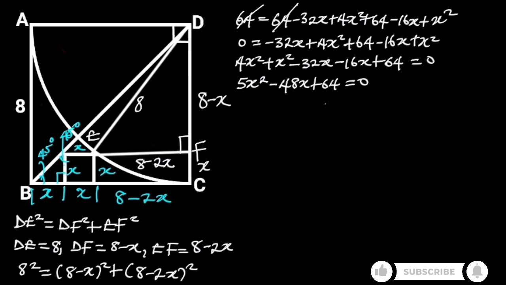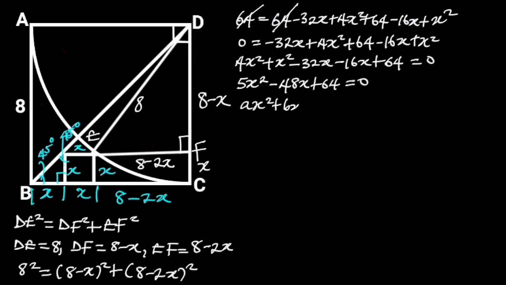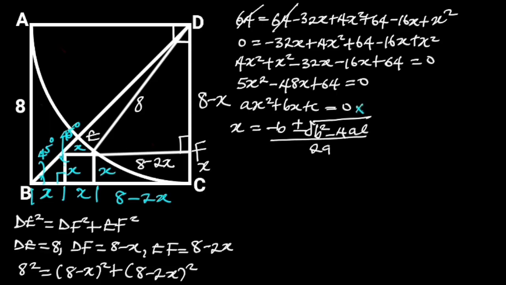Going further, we are going to solve this equation using the quadratic formula method. Given a quadratic equation, ax squared plus bx plus c equals 0, the quadratic formula for this equation is x is equal to minus b plus or minus the square root of b squared minus 4ac, all over 2a. Comparing these two equations, a is equal to 5, b is equal to minus 48, and c is equal to 64.